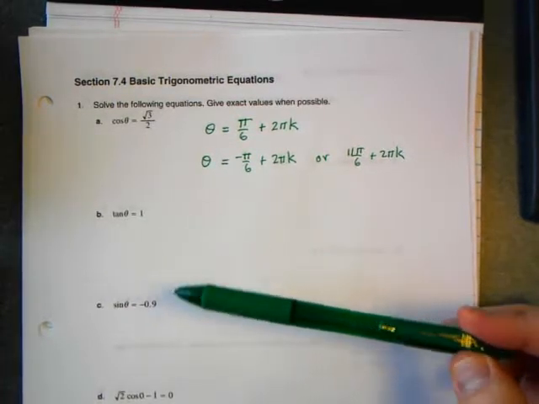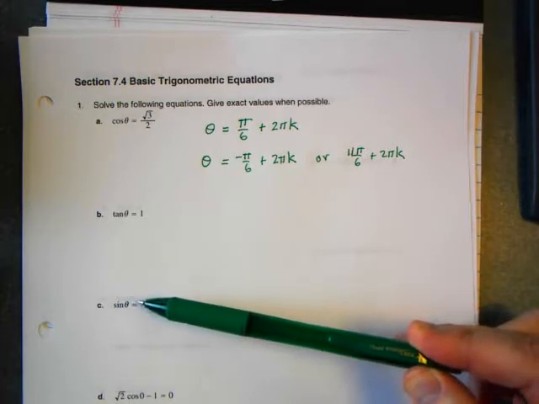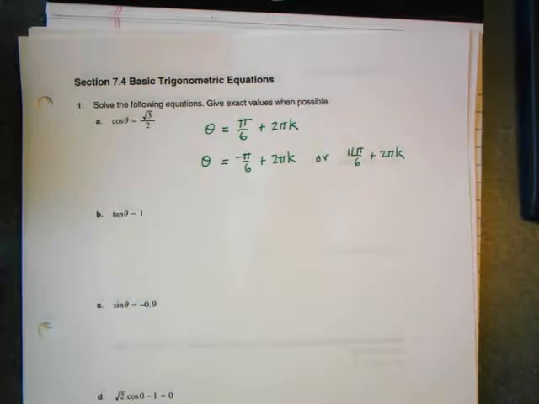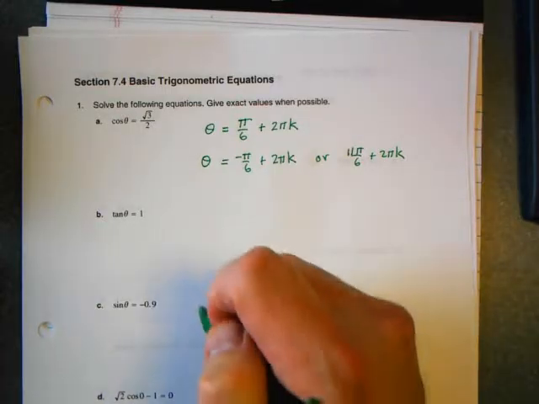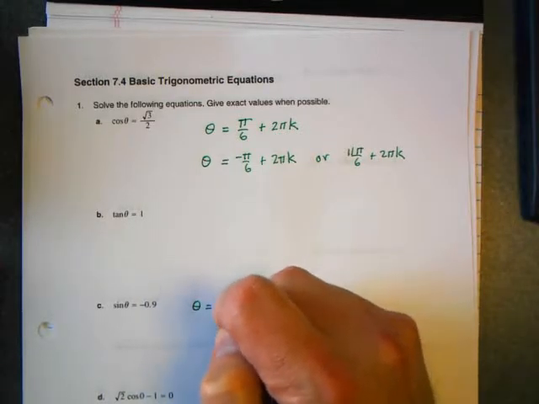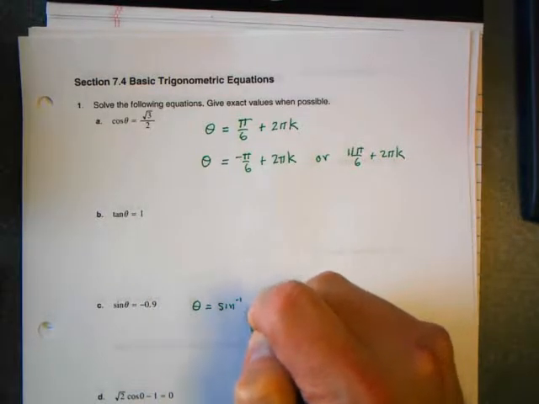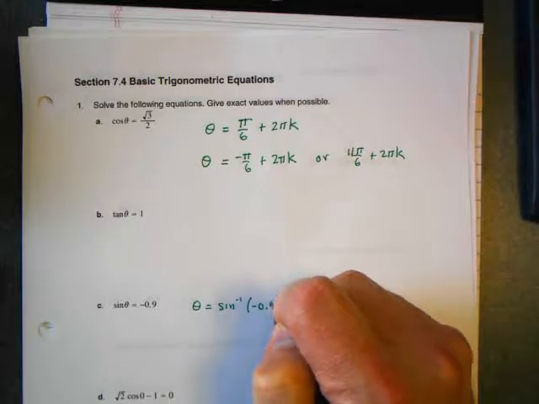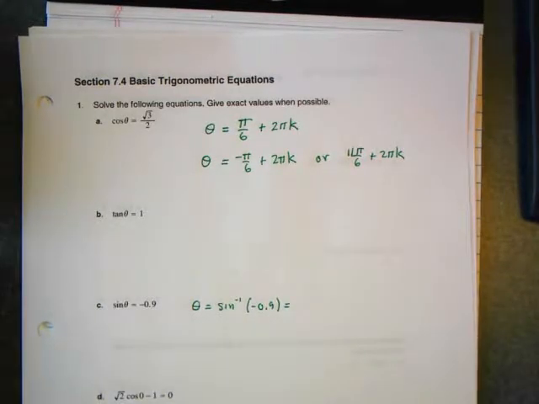All right, how about sine of theta equals negative 0.9? Negative 0.9, is that one of the famous ones we know? No, so theta equals the inverse sine of negative 0.9. All right, so I'm going to grab my calculator and approximate.